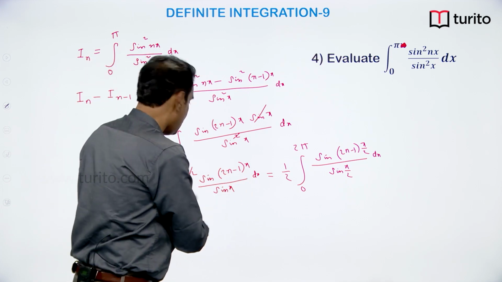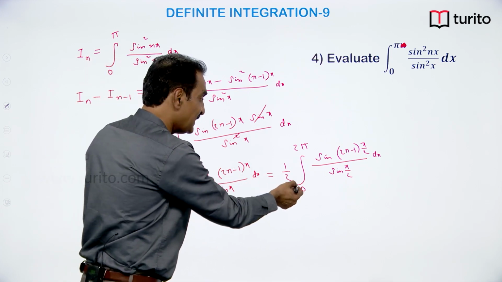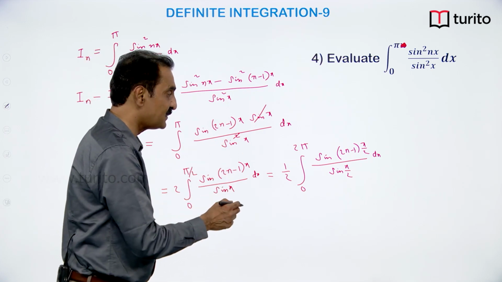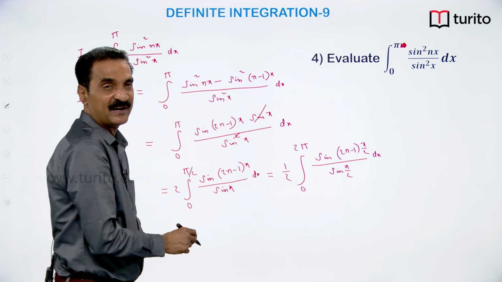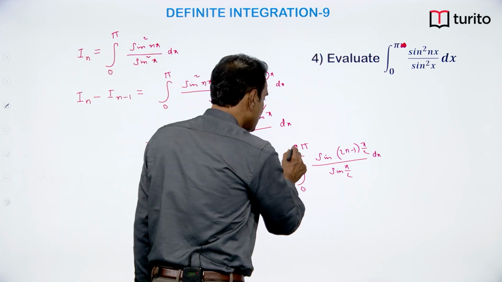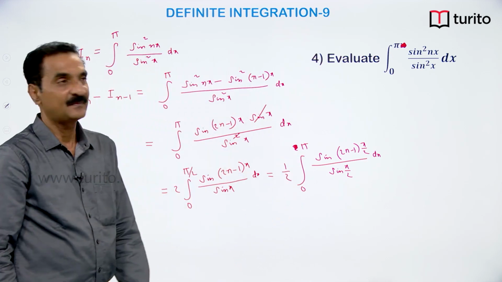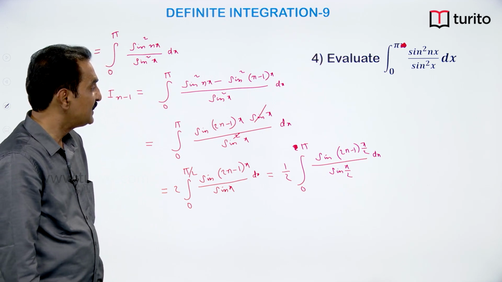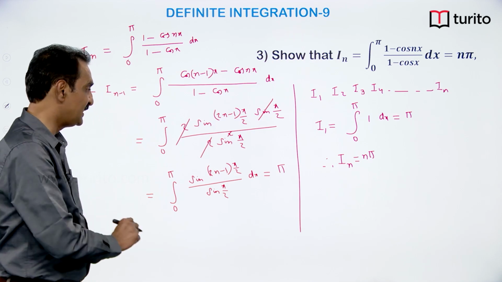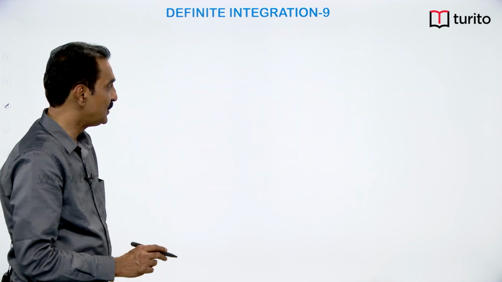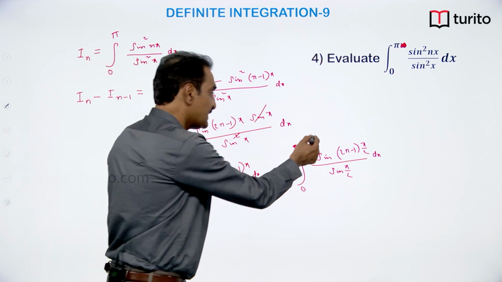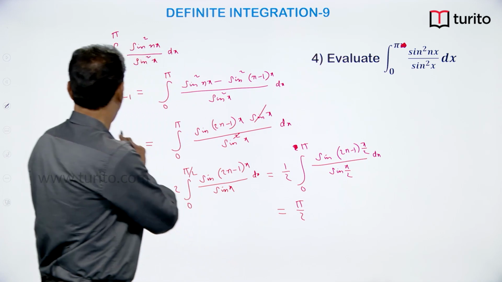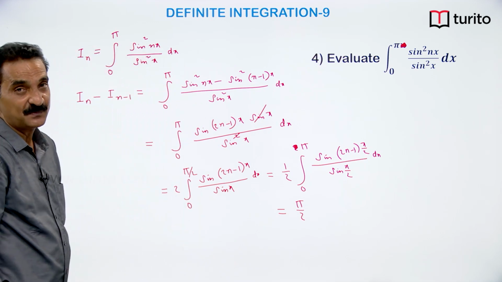Now, next this will be half integral sine of (2n minus 1) x by 2 by sine x by 2, multiplying these limits by 2, then you will get new limits as 0 to pi only. But here in the previous question, what are the limits? 0 to pi only. So, this is what? Pi. So, this is pi into half will be pi by 2. In minus In minus 1 is pi by 2.